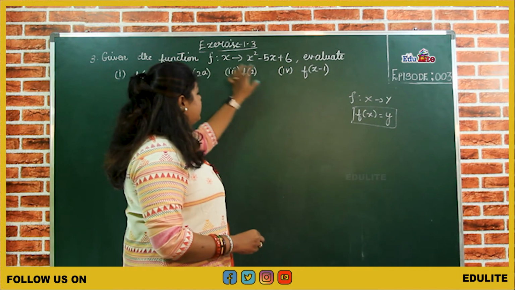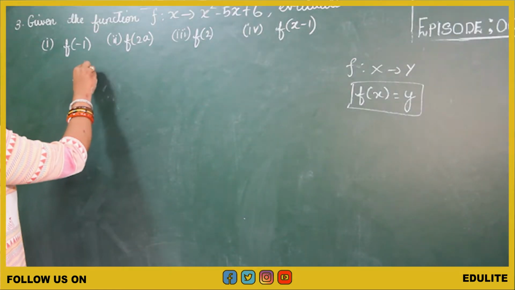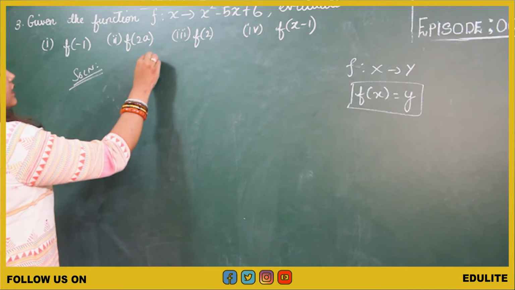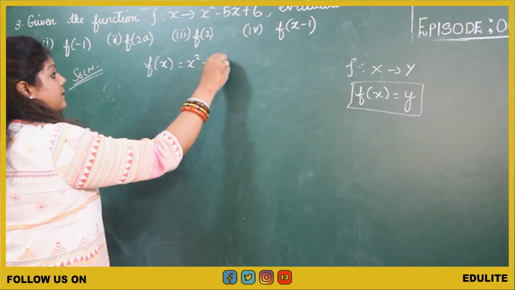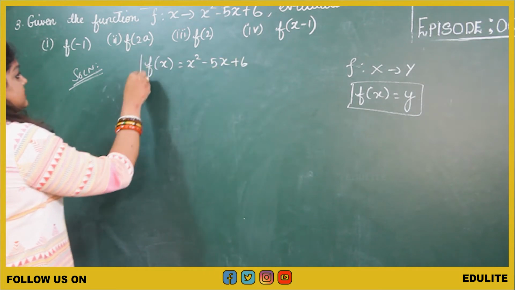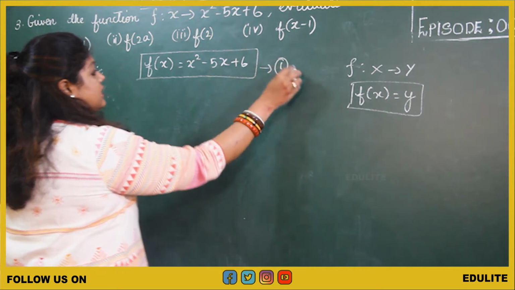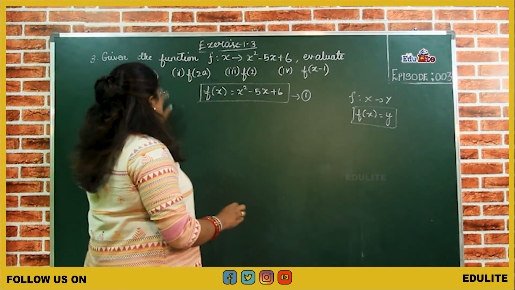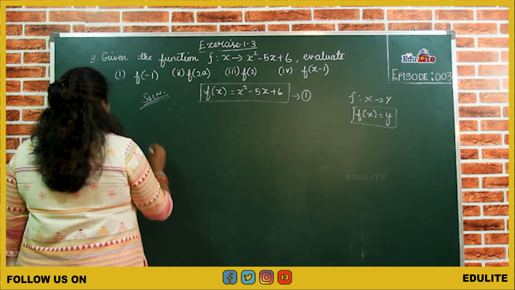Written in this way, it would be f of x is equal to x square minus 5x plus 6. This we will consider as equation 1. Using this f of x relation, we will find all these 4 subdivisions one by one.